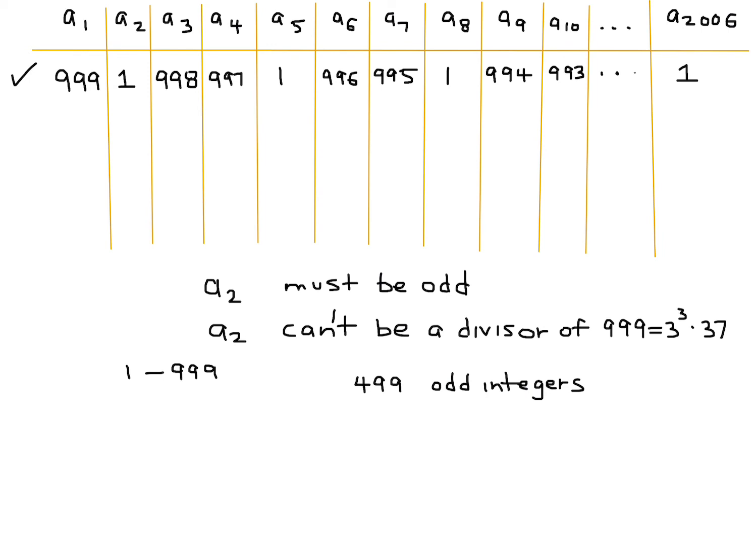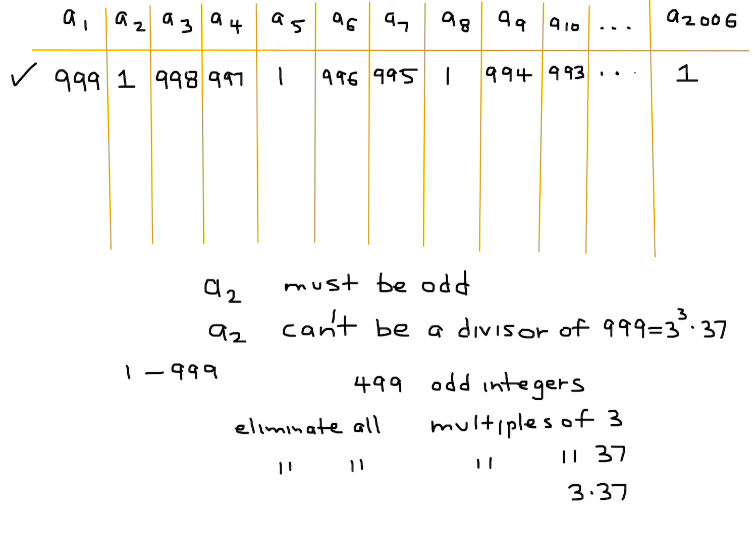So that means we have to get rid of all the multiples of 3. We also have to get rid of all the multiples of 37. Those are the prime factors. And when we take away all the multiples of 3 and 37, we will have taken away multiples of 3 times 37 twice, so we have to add those back.